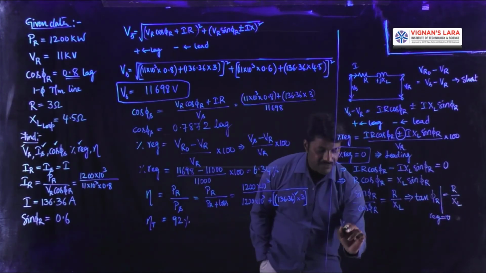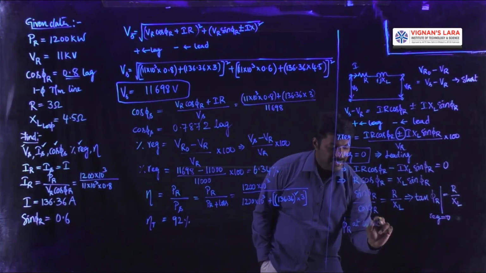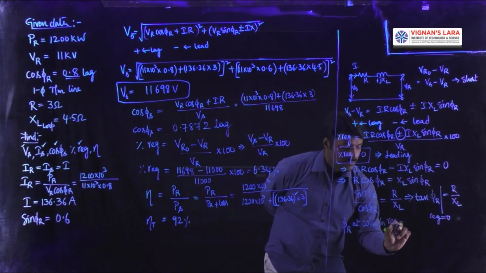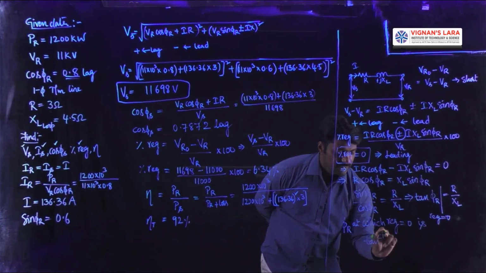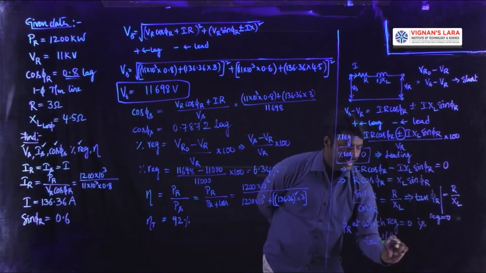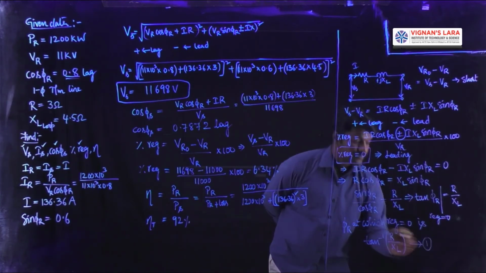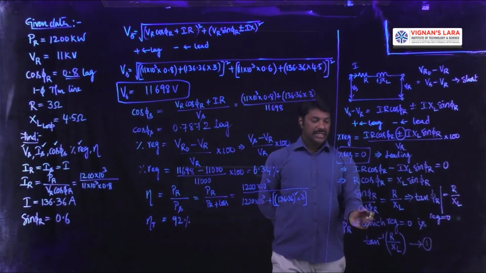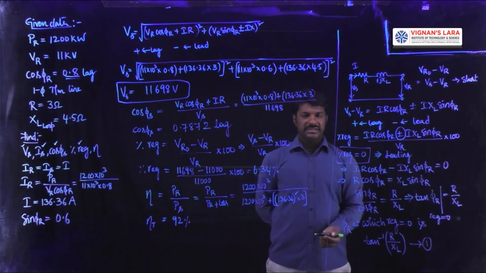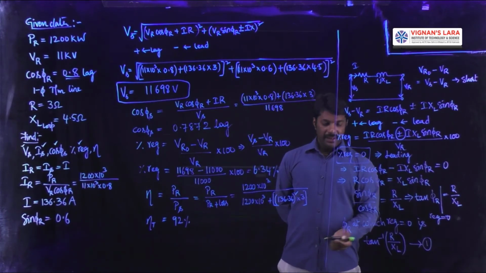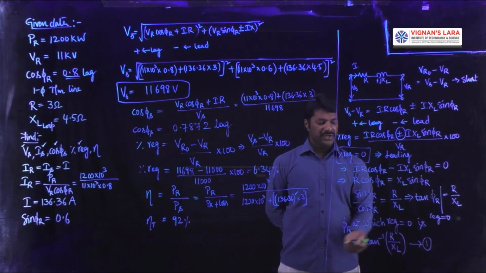Then the phase angle phi R at which the regulation becomes 0 is tan inverse of R by XL. This is an important formula. Let it be equation 1. That is the important formula where we get the phase angle for the zero regulation condition: phi R corresponding to regulation 0 is equal to tan inverse of R by XL.